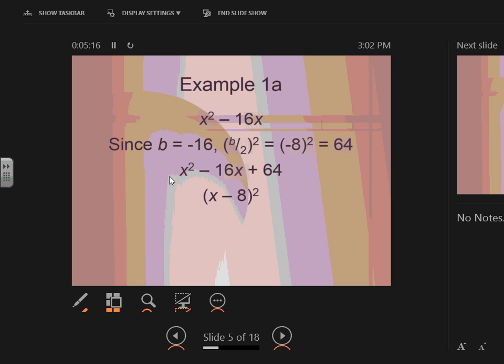How do you get that? The question says, what number do I need to add on to these two terms to make it a perfect square trinomial? And so that's where I came up with this little equation. Half of b squared is how I say it. Half of b, half of negative 16, is negative 8. And if I square it, I get positive 64. This is when you're going to have to remember not to trust your calculator. If you put negative 8 squared without parentheses, it's going to be the wrong answer.